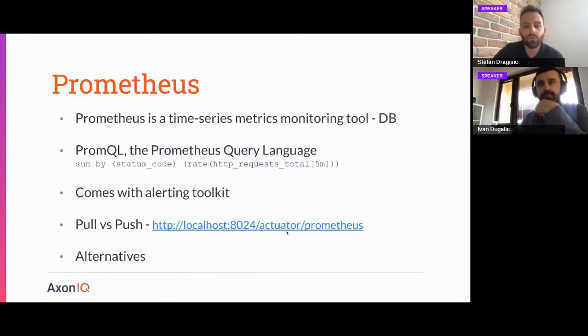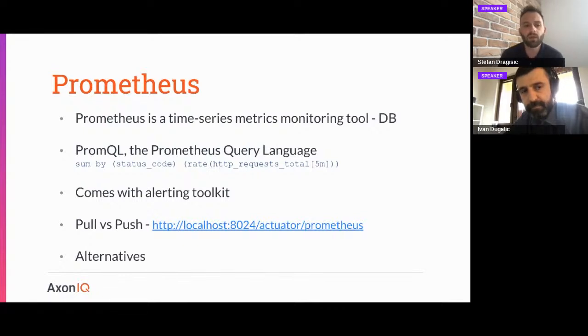As I said, so we need a tool that's going to scrape our endpoint and collect metrics and save them into the database. And for this, we are using Prometheus. And the Prometheus is basically time series database optimized for storing metrics. And it also provides us a pretty powerful language to query these metrics.